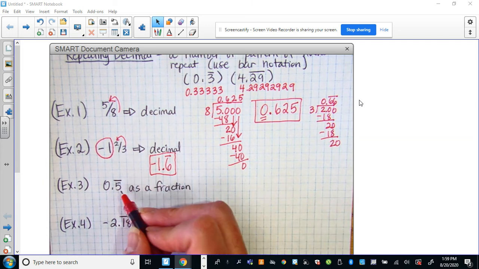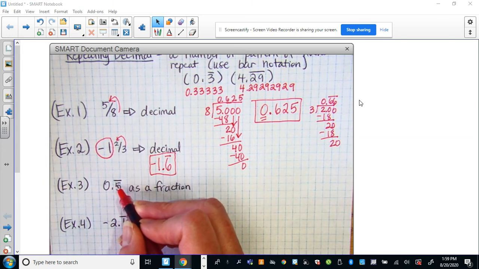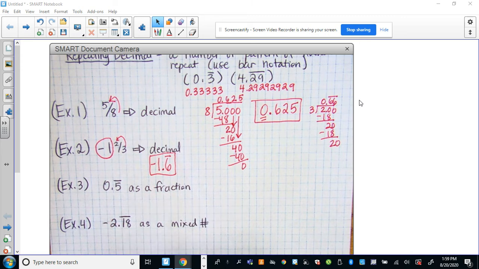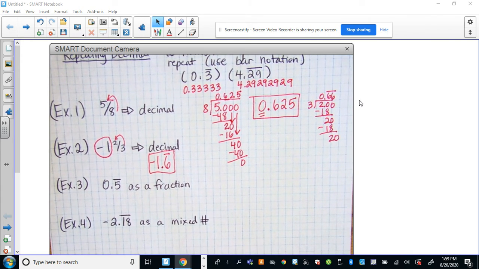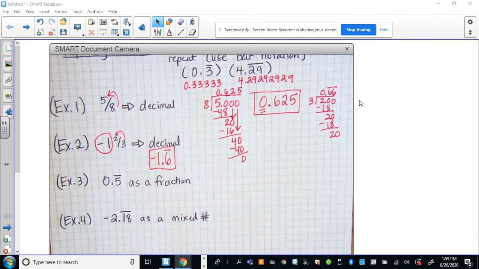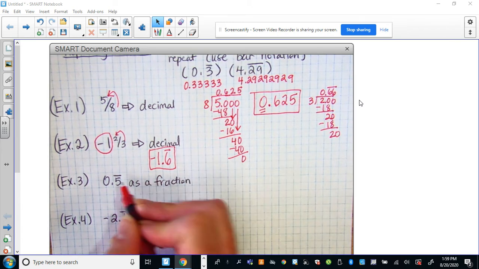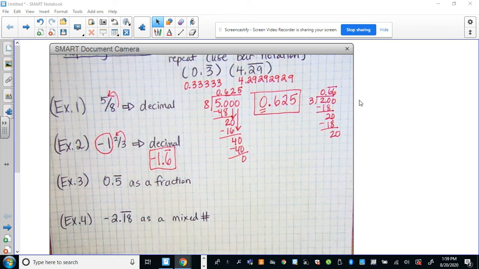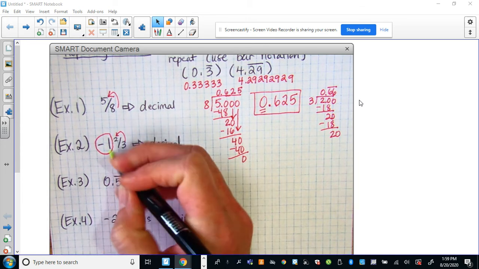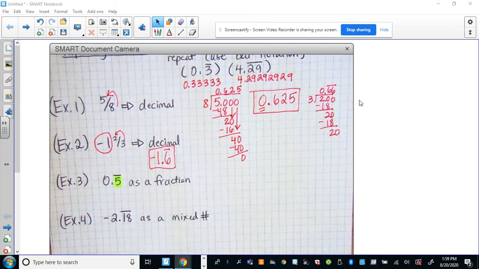So now here's something a little different. We have a repeating decimal. It would be 0.5555555 forever, but we can change that to a fraction. Now, there is an algebraic way for me to show that to you. However, it is super confusing and hard to comprehend, and so I'm going to show you the rule that works with this instead. Anytime you have something repeating, we're going to look at the number that's repeating, and that's one number, the number 5.